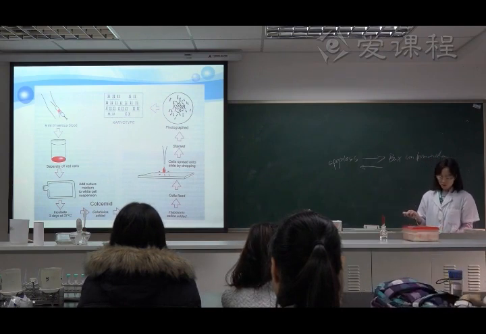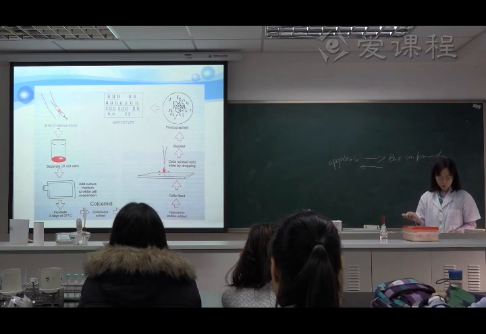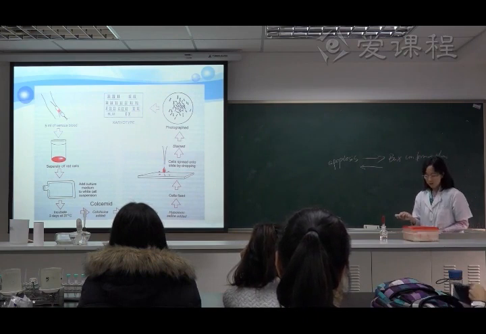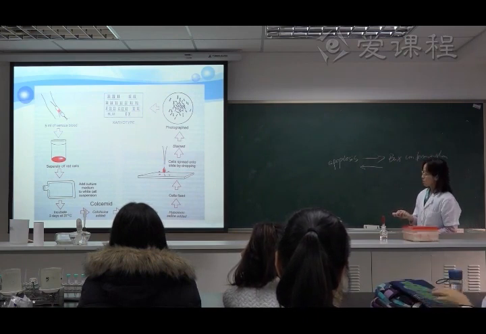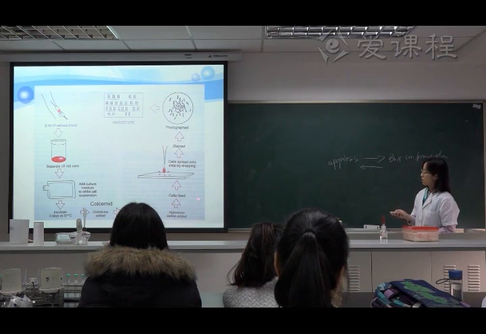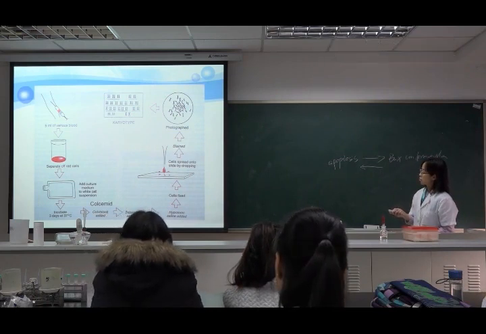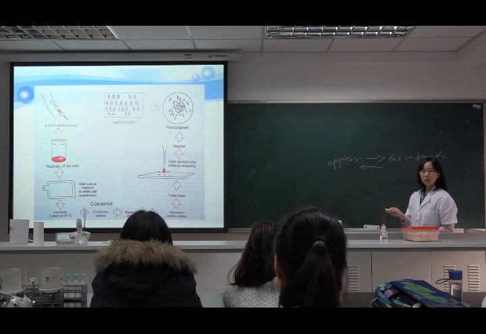We use colcemid or another agent, colchicine. This is similar, and then we separate off the white cells, add hypotonic solution to the cells and fix the cells. Then cells are spread onto the slide by dropping, and last week we stopped here.